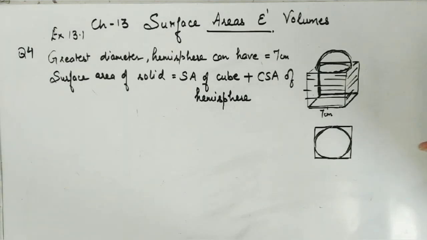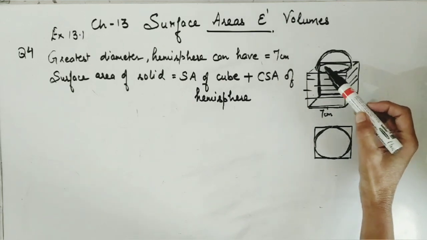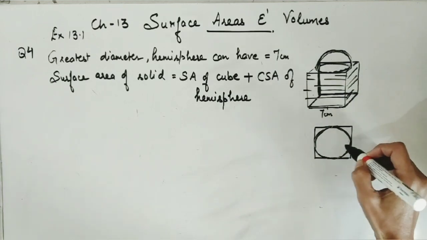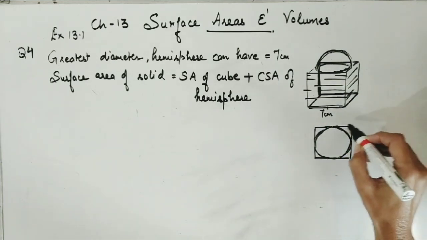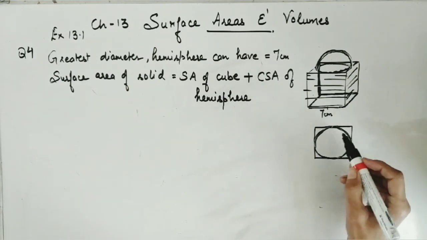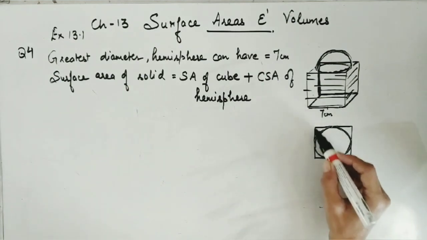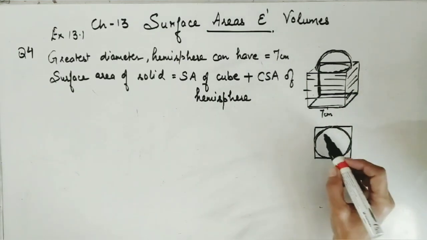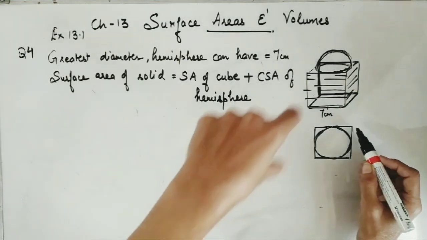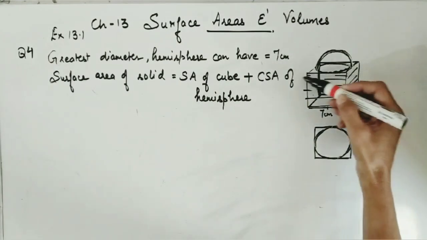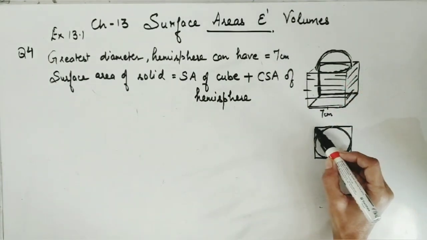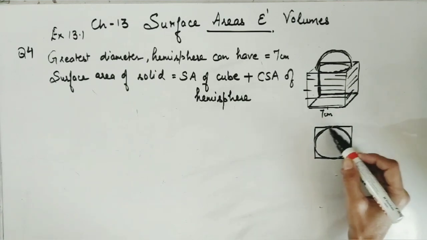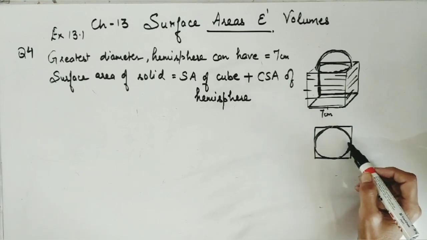But observe that face or that surface where this hemisphere is placed. That is the top view. This is how the top view of this surface would look. Square, because a cube has all sides, all edges equal. So from the top, if you observe this face of a cube, it looks like a square, and in the interior of this square there is a circle.